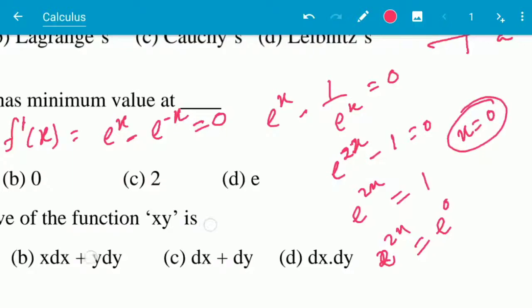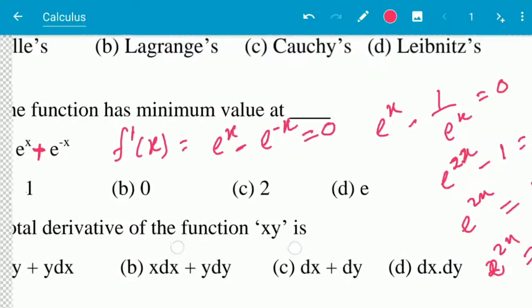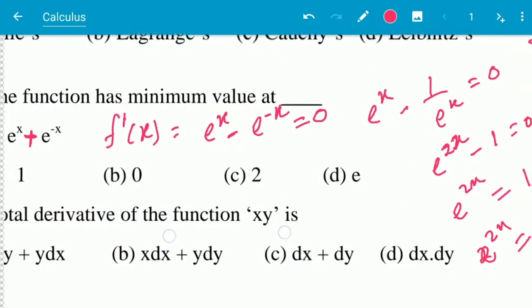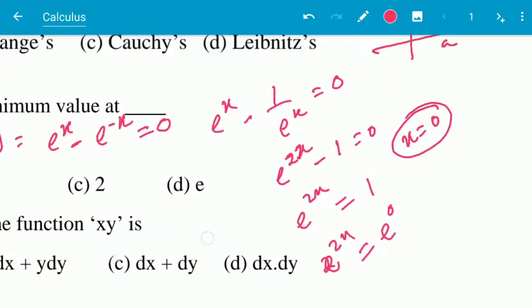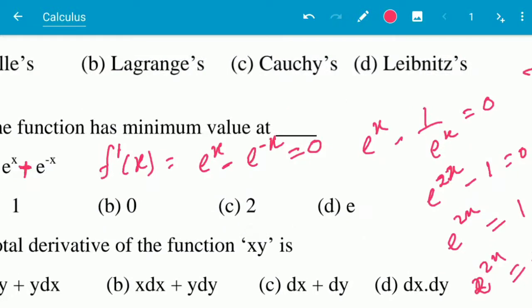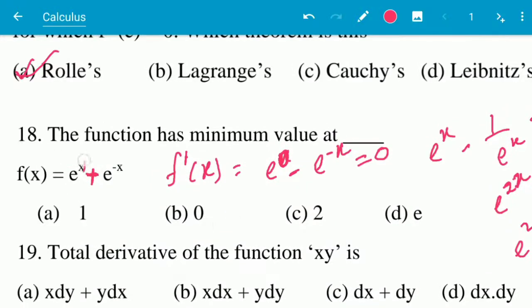So it is asking for the minimum value at, so we have to put x is equal to 0 in case of e to the power 0, and here we have to put e to the power 0, here also 0. So here 1 plus 1, this will be 2.